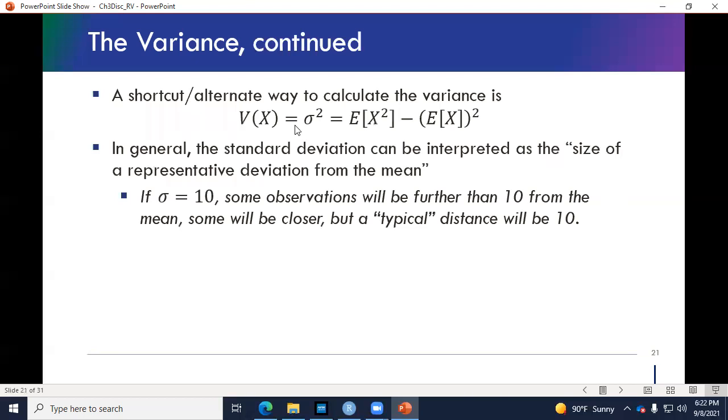And we know the standard deviation is the square root of variance, and that is the size of a representative deviation from the mean. So that's what the standard deviation means. So if the standard deviation equals 10, then some observations will be further than 10 from the mean, some will be closer, but the typical distance will be just 10.